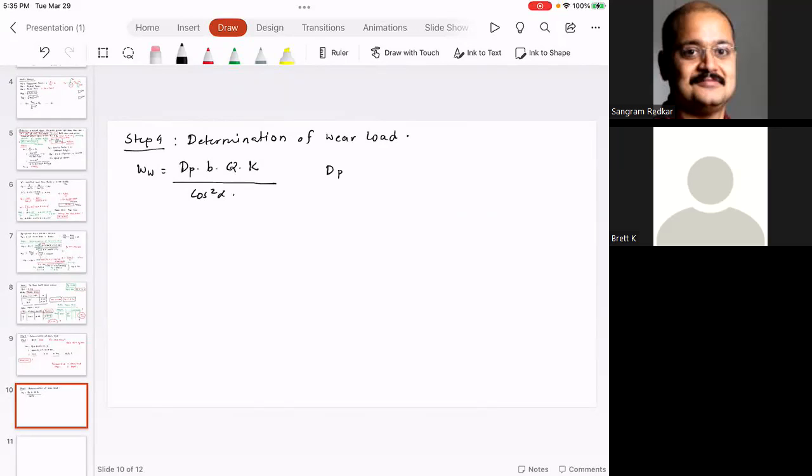Please note, wear load is always calculated for pinion. So dP is equal to 144, B is equal to 76, Q is for an external gear, VR.